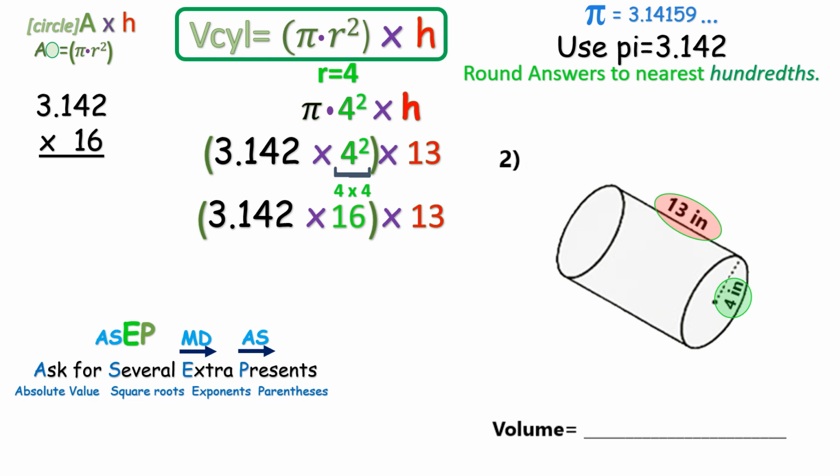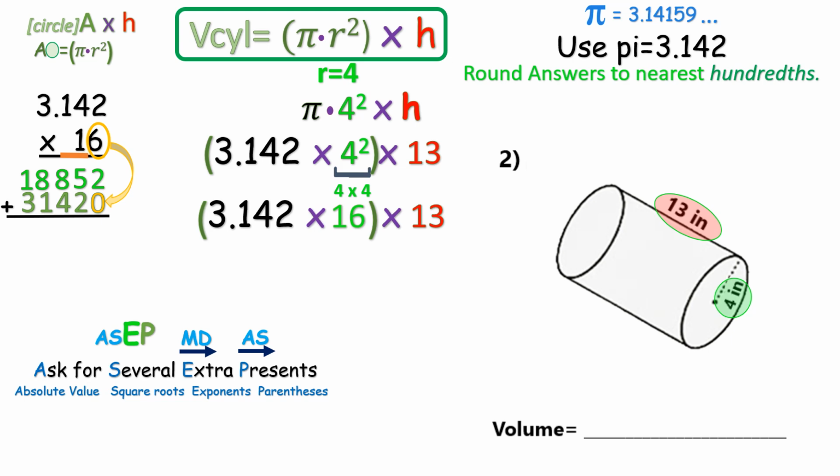So I go to the side and I write out 3.142 times 16, and I start multiplying by my 6. 6 times 2 is 12, put down my 2, carry my addition of 1. 6 times 4 is 24, plus 1 is 25, put down my 5, carry my addition of 2. 6 times 1 is 6, plus 2 is 8, and then 6 times 3 is 18. Once again, the second number tells me to bring down a 0. And once again, I'm multiplying by a 1. So all I have to do is copy down the 3142 in the correct order.